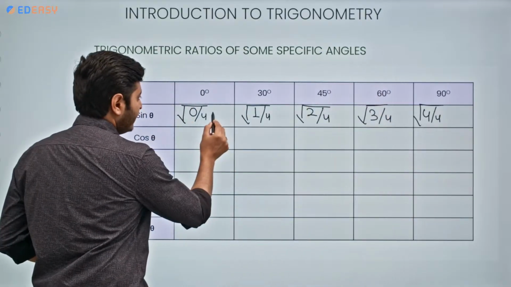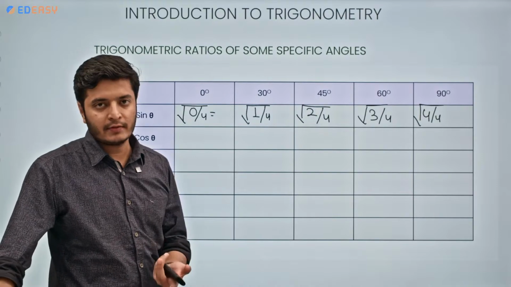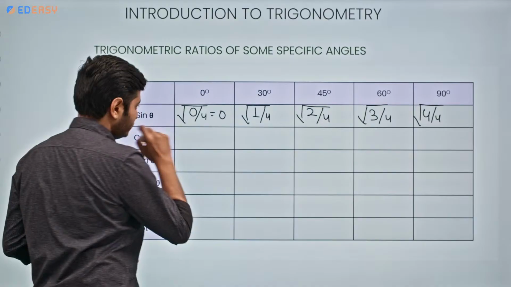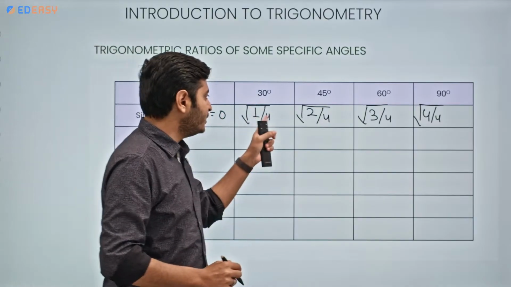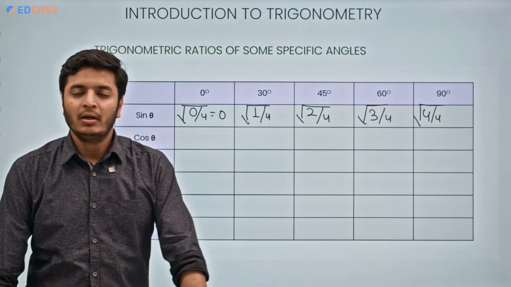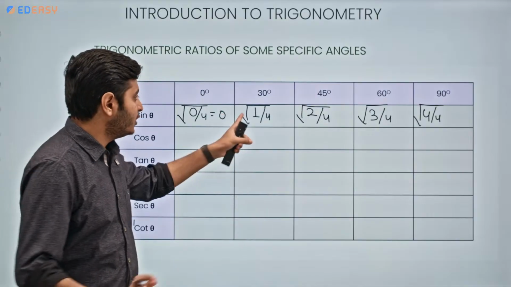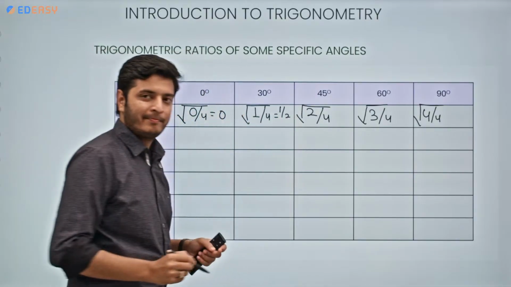Now find this value. 0 by 4. 0 divided by any number is always 0. Under root 0 is also 0. So this will be 0. So sine 0 degree is 0. Then sine 30 degree is under root 1 by 4. Under root 1, 1. Under root 4, 2. So under root 1 by 4 will become 1 by 2.